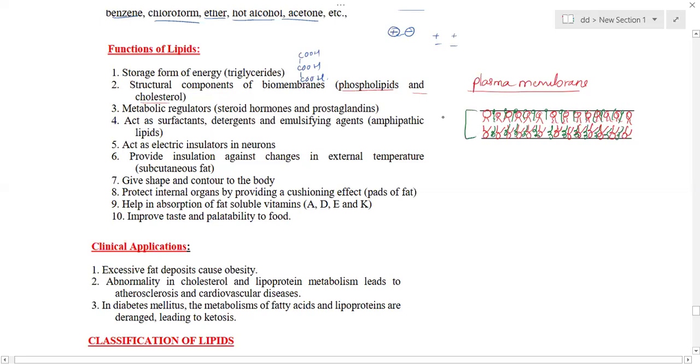This is a phospholipid bilayer. It's not a single layer, it's a bilayer, and this is cholesterol. So these lipids are a structural component of the biomembranes. The plasma membrane will have phospholipids and cholesterol, which are two constituents of the lipids.